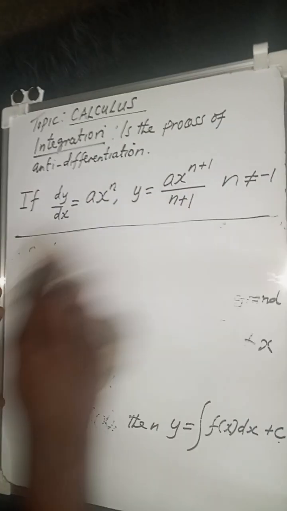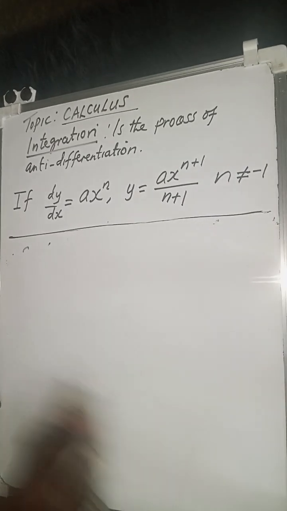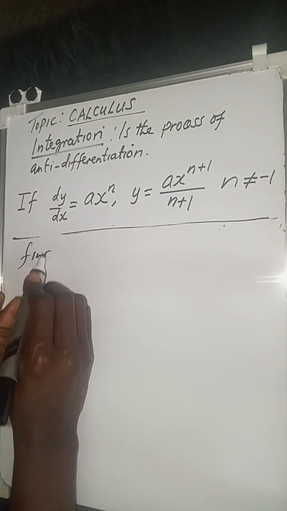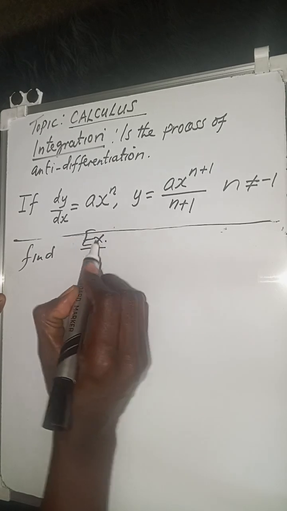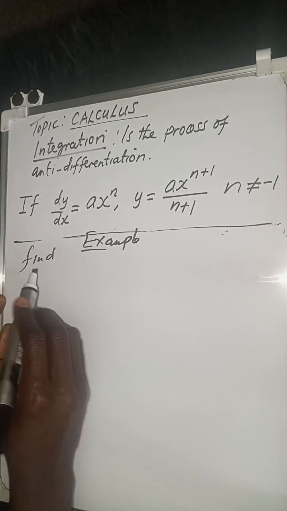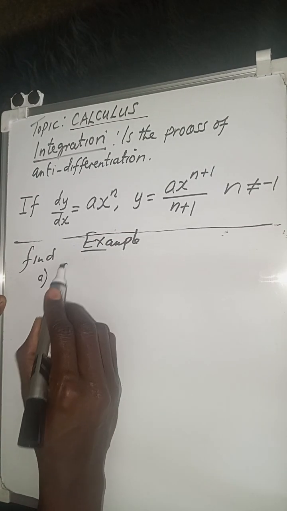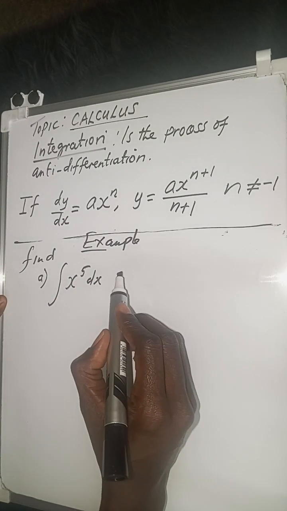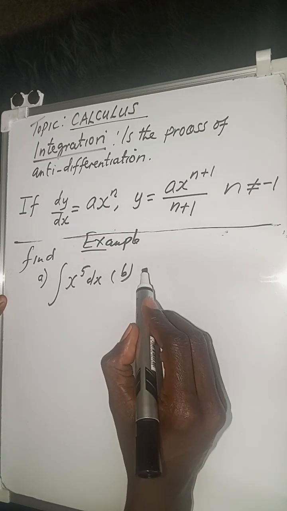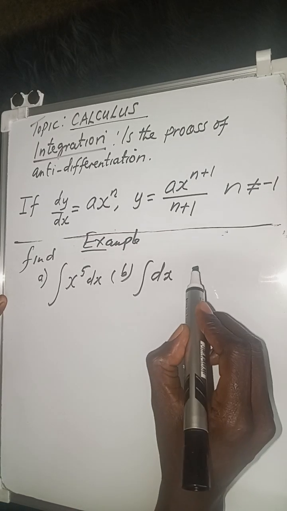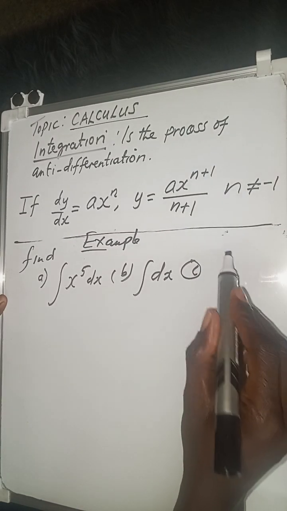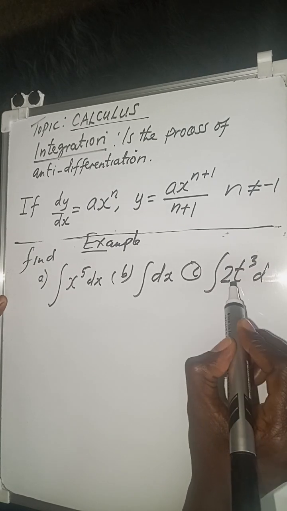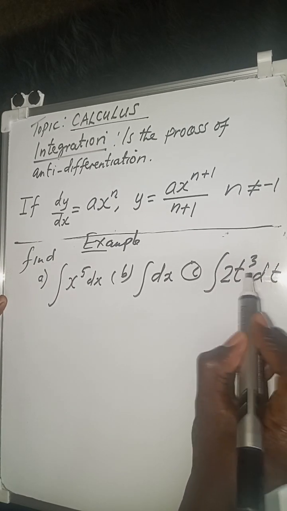Okay, a few concepts so that we guide you again on what you need to do. Let's put up some further examples. Suppose I tell you to find: a, the integral of x to the power 5 with respect to x; b, the integral of dx; then c, maybe 2t raised to the power 3. Remember, because we're using t, it will be dt.